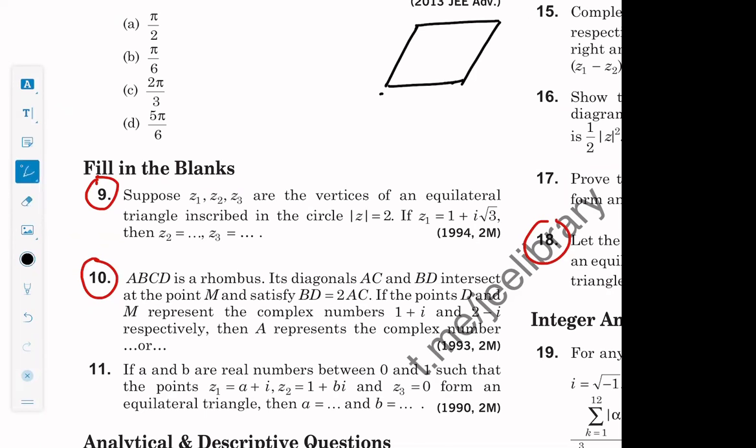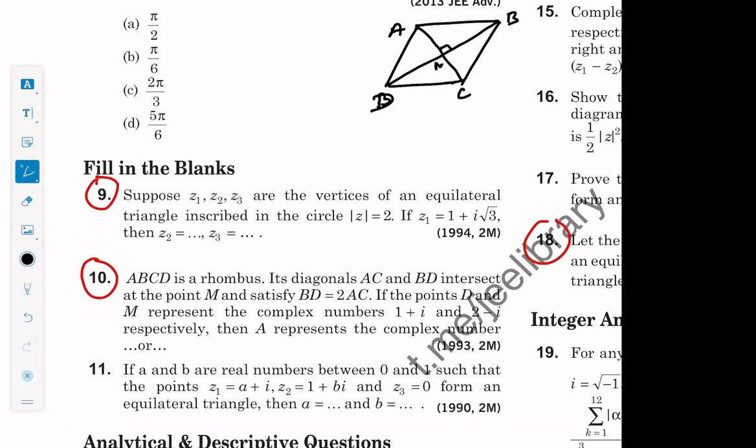Basically BD diagonal is longer, so I can assume this one is ABCD. These diagonals intersect at the point M.